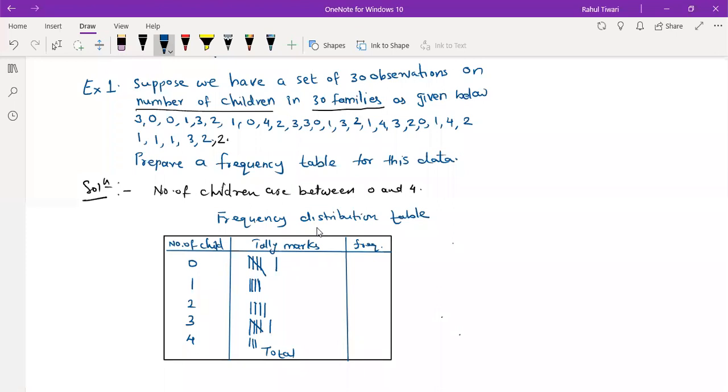Again 1. So write down 1 will be 3 times. So 1, 2, 3. Then we have a 3. We have a 2 and 2. So 2 is done. I have to count it. How many frequencies are there so far? So there is a 9 frequency. There is a total. So how many are 0? You can count.